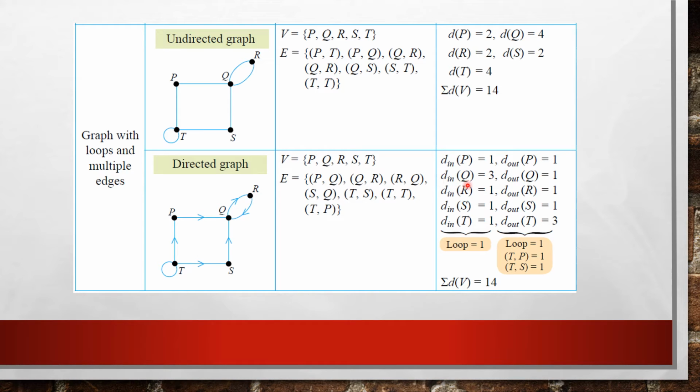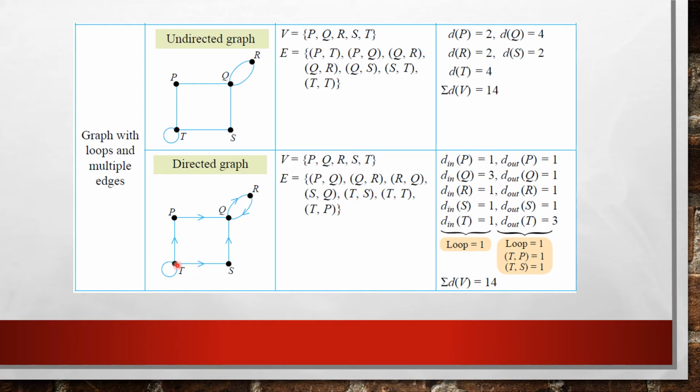So degree in Q is 3 and degree out Q is 1. Next, for R, there are 2 lines connecting R. One line is going into R, and for the other one the arrow is going out. So degree in R is 1 and degree out R is 1. Next, for S, there are also 2 lines connecting S. One line is coming in and for the other one the arrow is going out. So degree in S is 1, degree out S is 1.